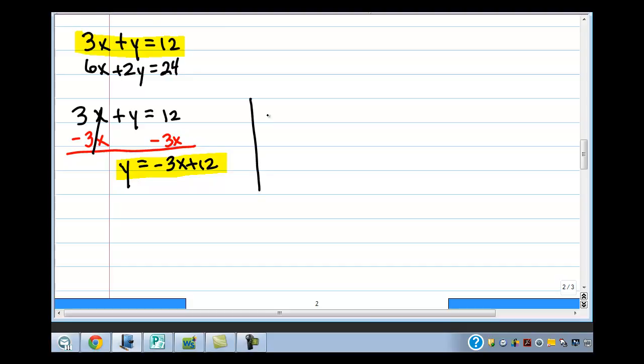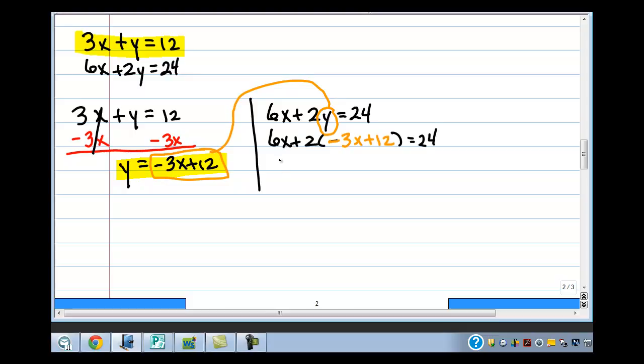We rewrite the equation that we didn't use for the next step and plug that answer in for y. And we solve for x. Notice in this problem, the 6x's go away and leave us with 24 equals 24. Now this is a true statement, so this system has infinitely many solutions.